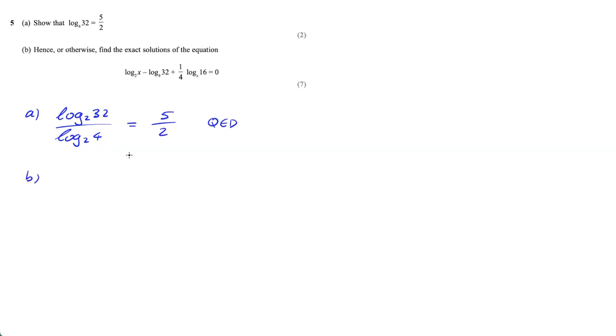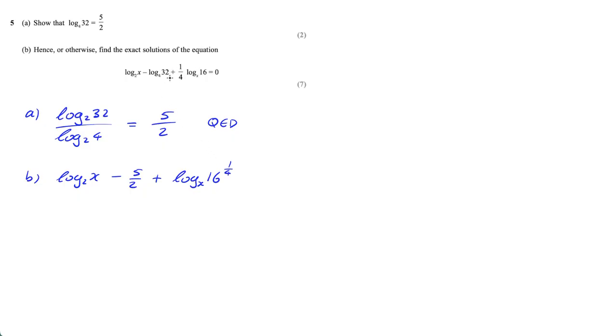Okay, part B. Hence or otherwise find the exact solutions of this equation. Okay, so we know this is 5 over 2, and the rest we'll deal with. So this is log x base 2 minus log 32 base 4, which, sorry, that is 5 over 2. So it's minus 5 over 2 plus, now if this is okay with everyone, guys, I'm going to do log 16 base x to the power of a quarter.